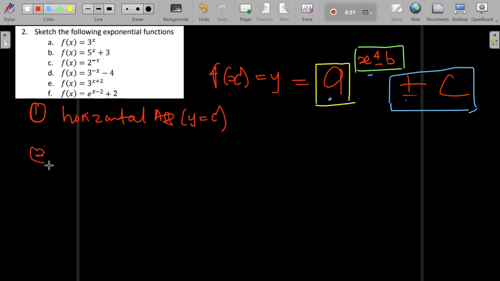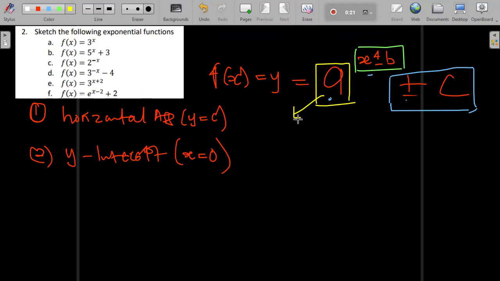And two, you need the y-intercept. You find the y-intercept by letting x equal 0, and then you can find your y-intercept. These are the two things we need in order to sketch any exponential function. But now let me explain what these parameters mean.